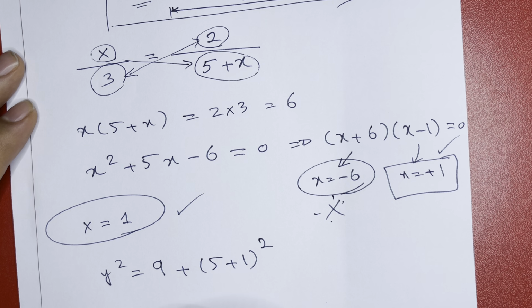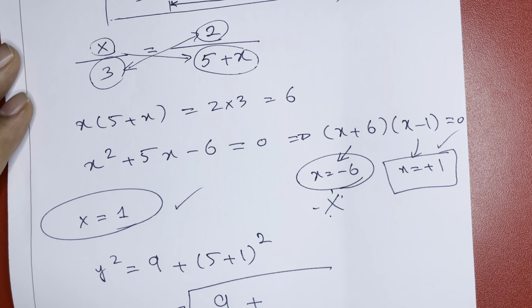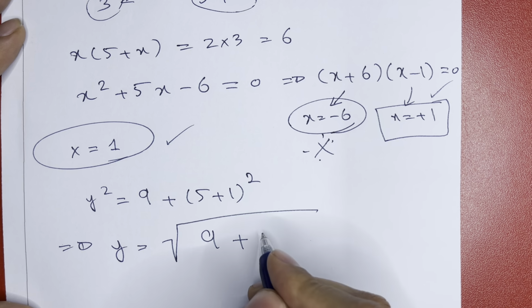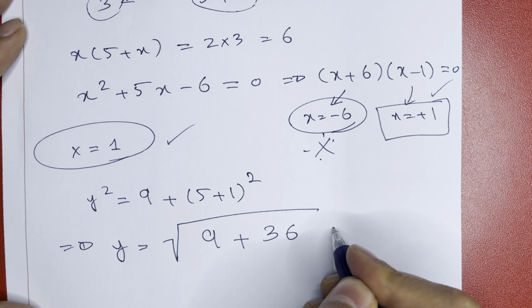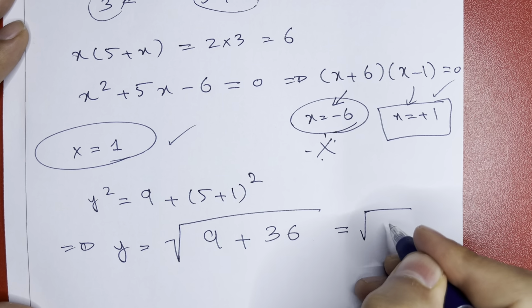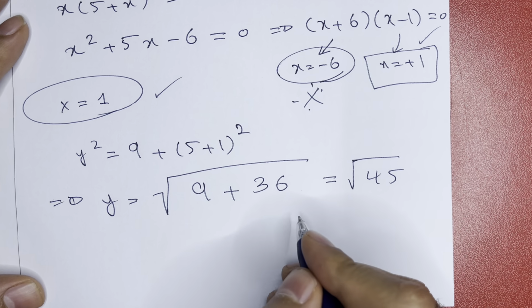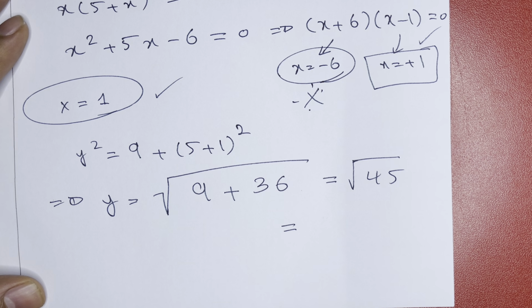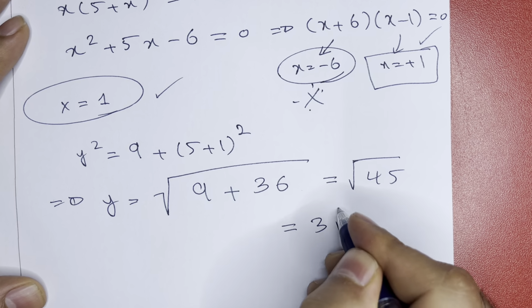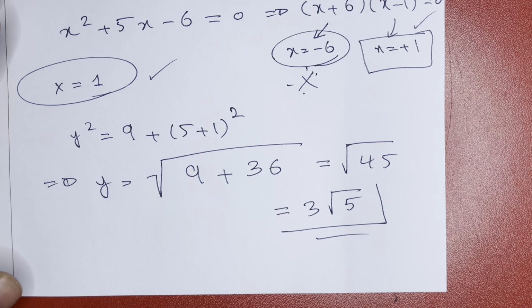Then y will be the square root of 9 plus 5 plus 1, which is 6. 6 squared is 36. Okay, so the square root of 45. Or if you want to simplify that a little bit, 45 is 9 times 5. So the square root of 9 is 3. The square root of 5, leave it just as square root of 5.